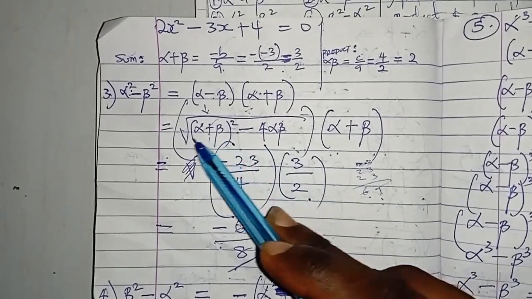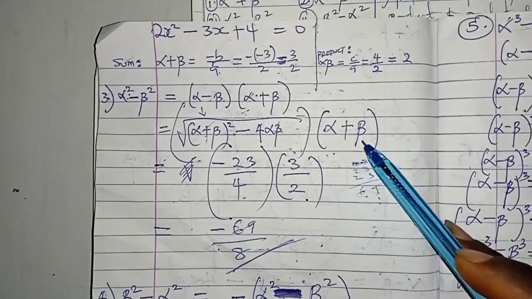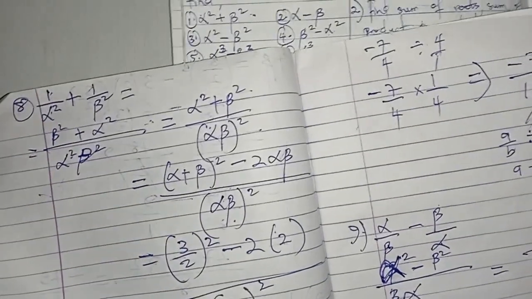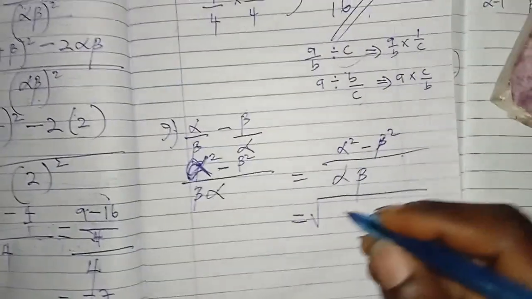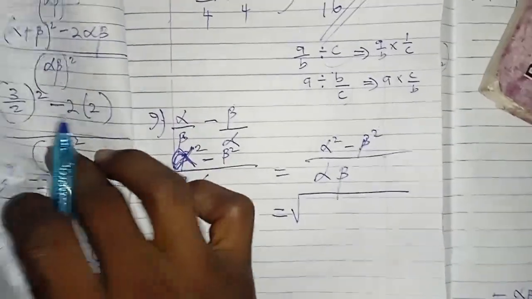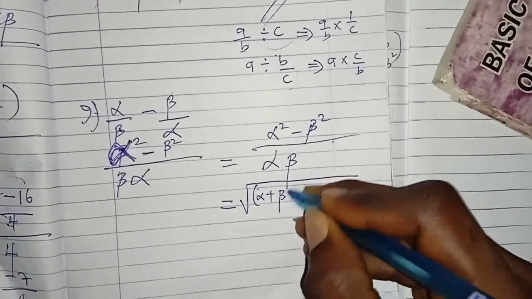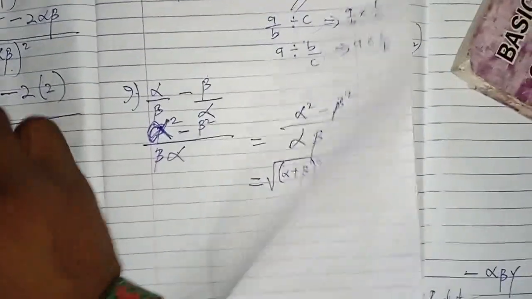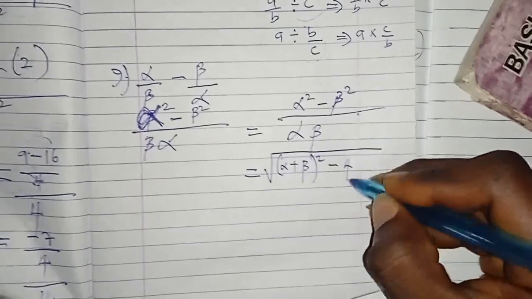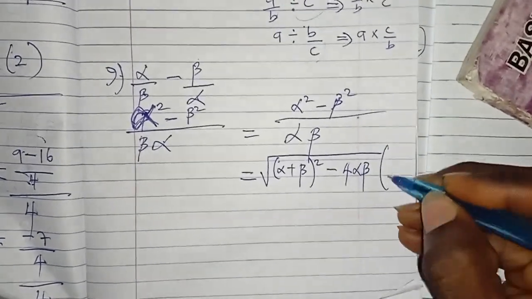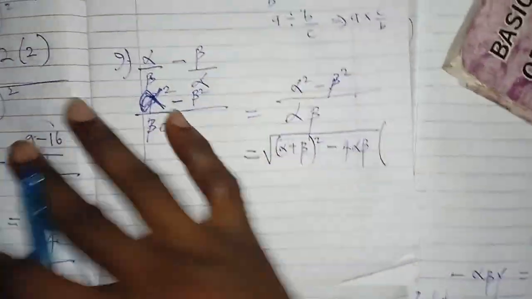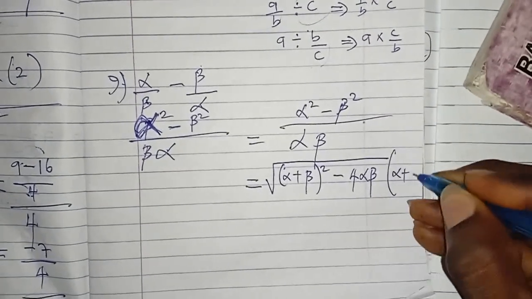So let's replace everything there with this value. So this will be roots: alpha plus beta all squared minus 4 alpha beta, and alpha plus beta.